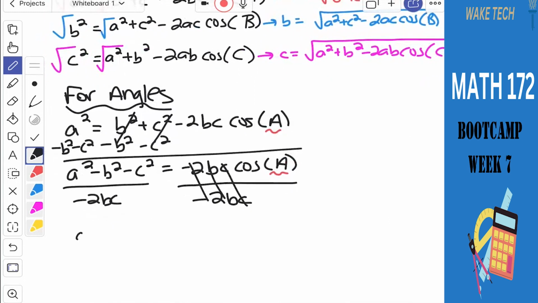That tells us that the cosine of angle A is equal to a squared minus b squared minus c squared over negative 2bc.